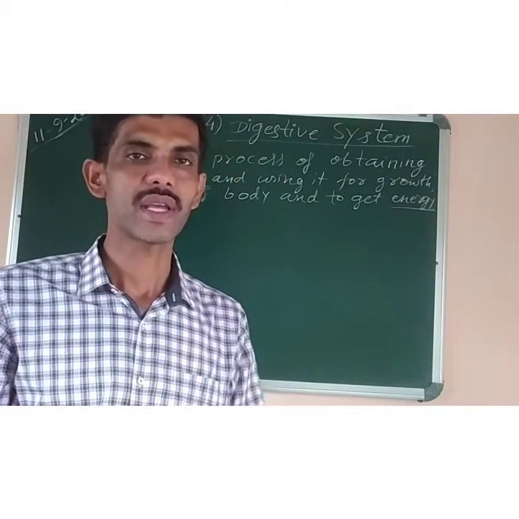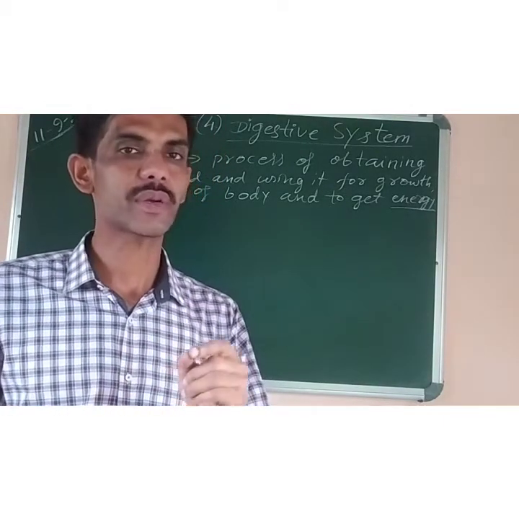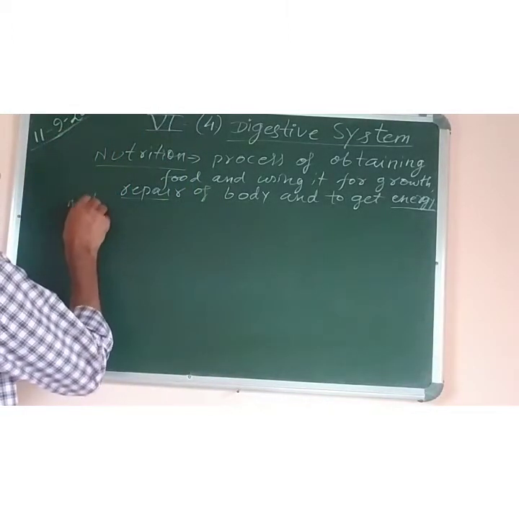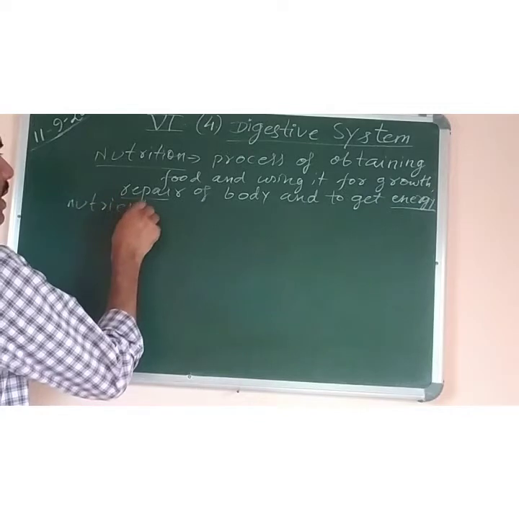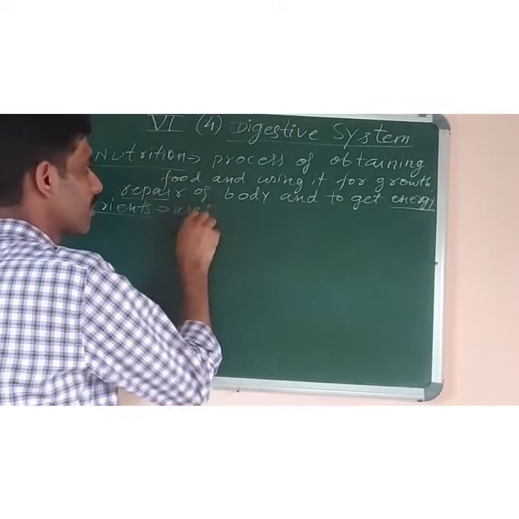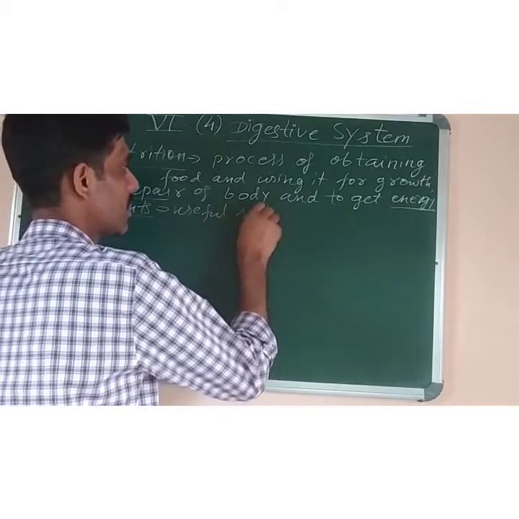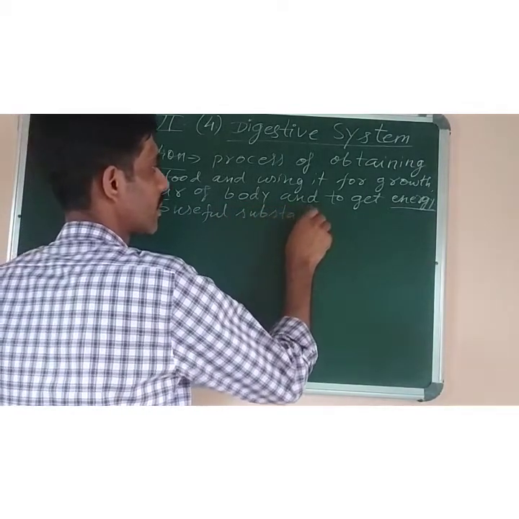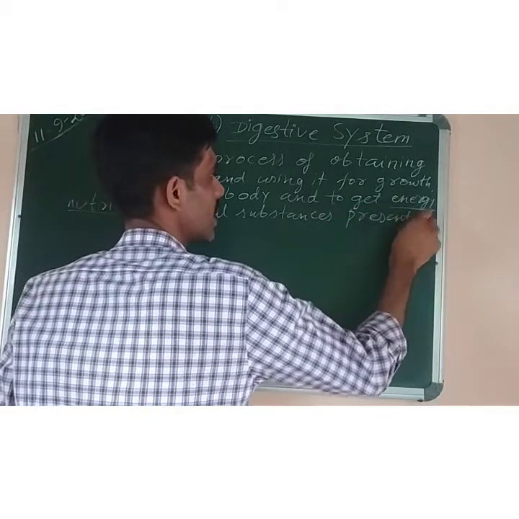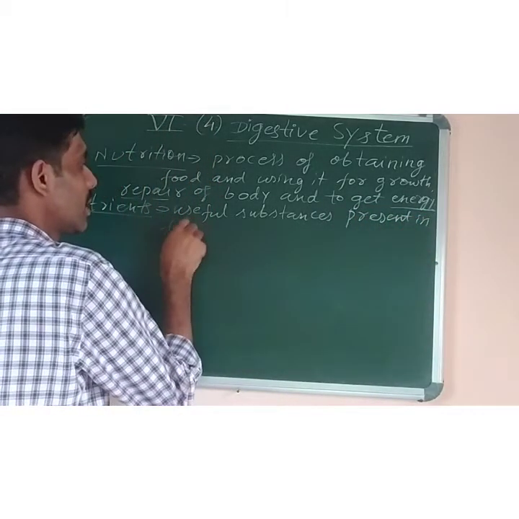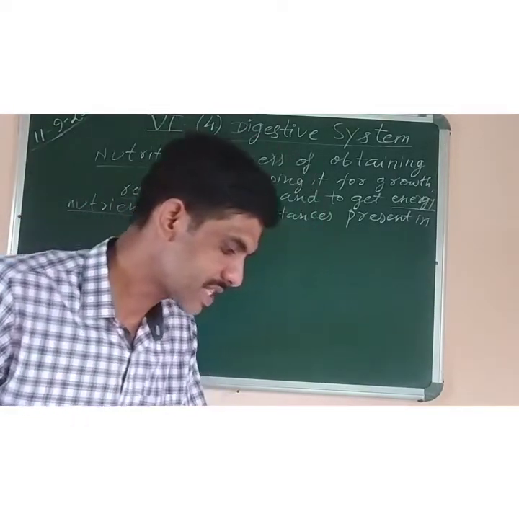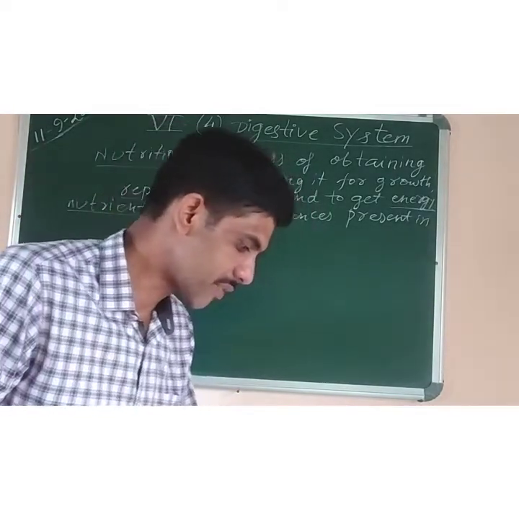So what are nutrients? Nutrients are the useful substances present in our food. How many types of nutrients are there? There are 5 different types of nutrients. Useful substances present in food that have different functions.